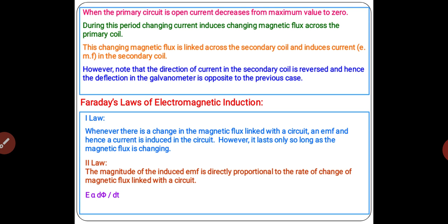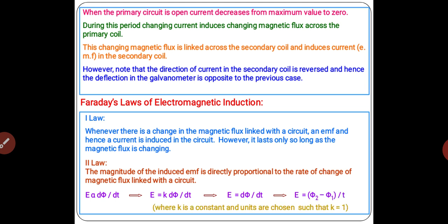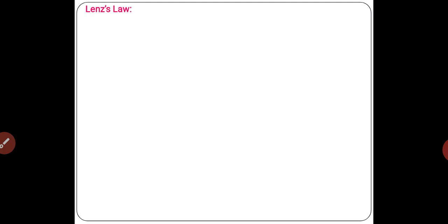EMF is directly proportional to dφ/dt, that is, change in flux with respect to time. So we can write E = k dφ/dt, where k is the proportionality constant. The change in flux is given by (φ2 − φ1)/t, where k is constant and units are chosen such that k is equal to 1.